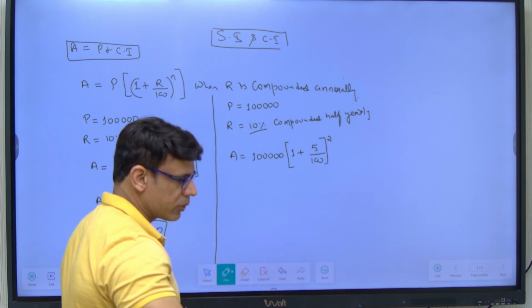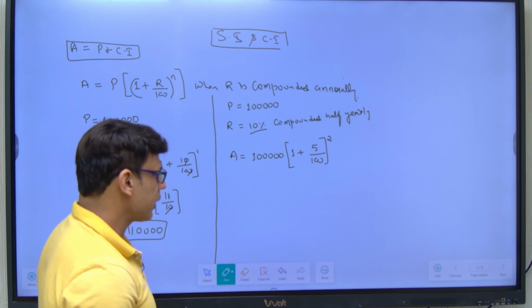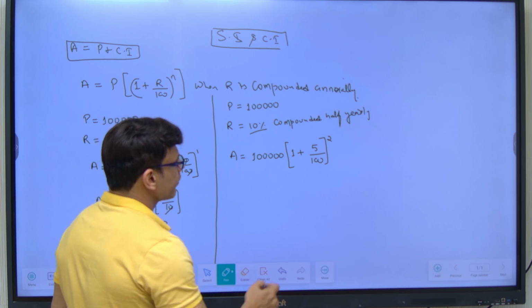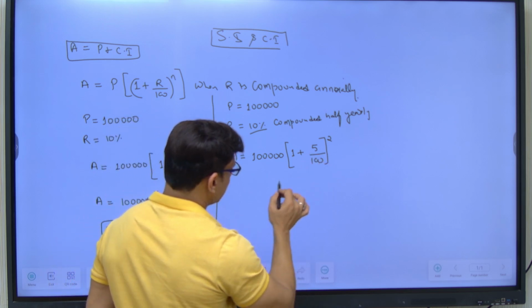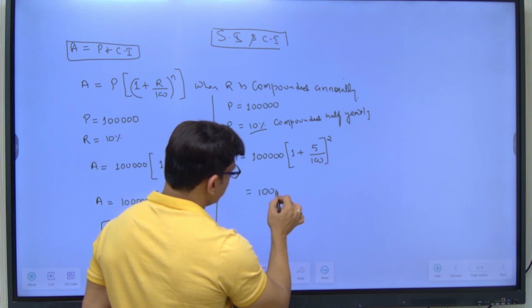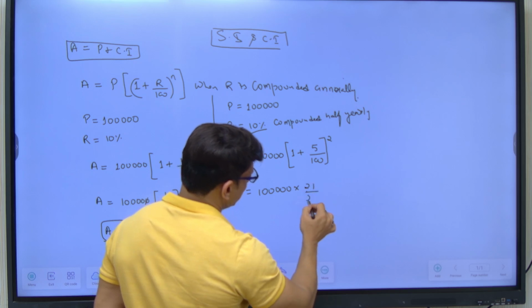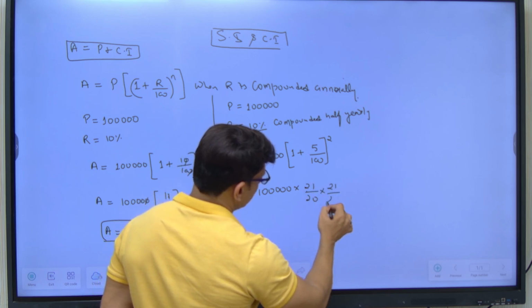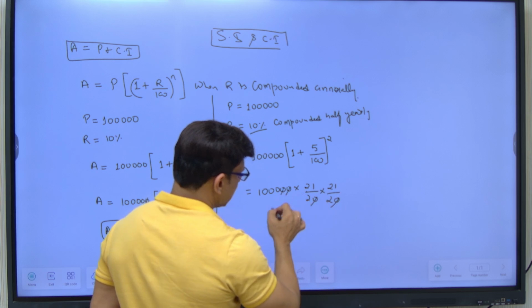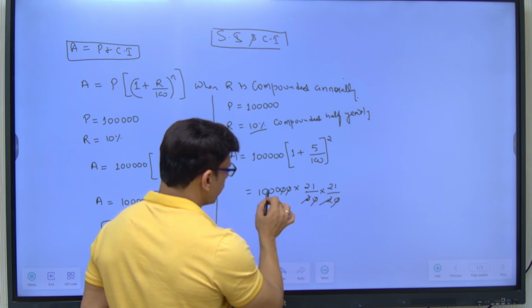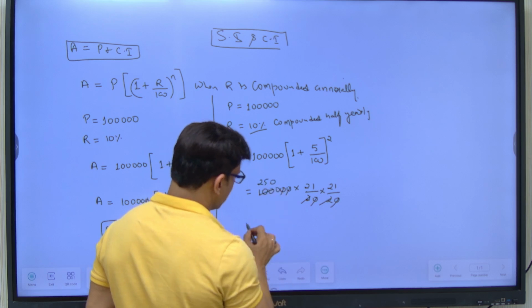Because every 6 months you are paying interest. So in a 1 year time period, you will pay interest twice. Solving it by cancelling, this becomes 1,00,000 into 21 by 20 squared. Cancel, cancel, cancel. This is 4, 4 25s are 100, and 250.